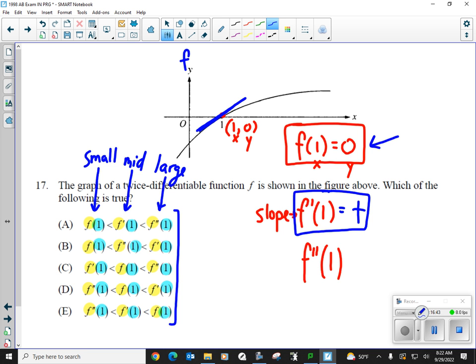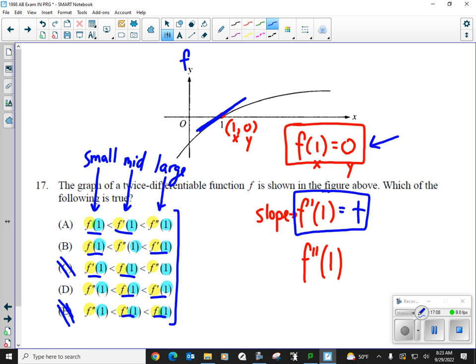So I need f prime to be bigger than f of 1. Here, f prime is bigger than f of 1. That's good. This one, it's not this one. Can't be that one. Good. F prime is smaller here. It can't be this one either.